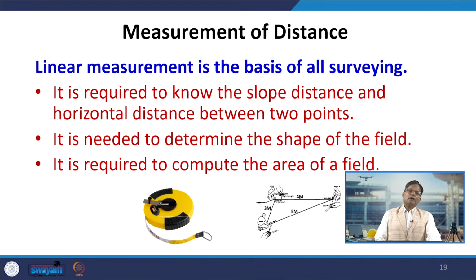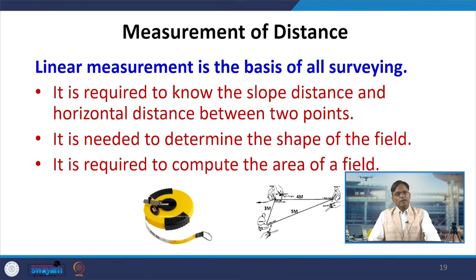Now, if we have to determine the distance between two points, that measurement is called linear measurement, and linear measurement is the basis of all surveying, because without measuring the distance between two points, it is difficult to show the location on the map. It is required to know the slope distance. With the help of the linear distance, we can find out the horizontal distance between the two points.